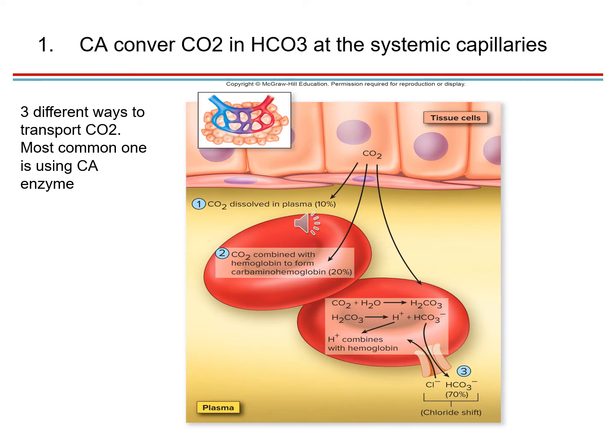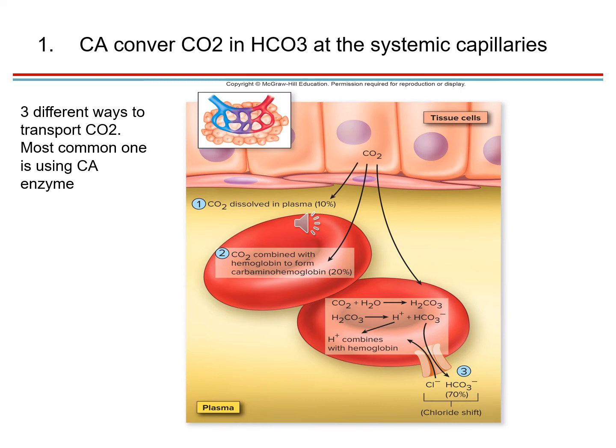I mentioned before that the main way we transport carbon dioxide is converted into bicarbonate, but there are another two ways to transport carbon dioxide. One is dissolved in plasma, which is just not much, just 10%. Other 20% is transported in the hemoglobin, in the globin part of the hemoglobin molecules, and the largest amount, 70% or more, is transported inside that molecule that is bicarbonate.